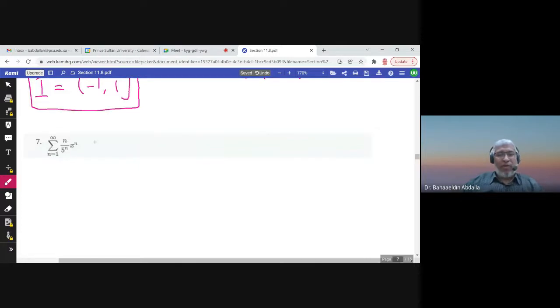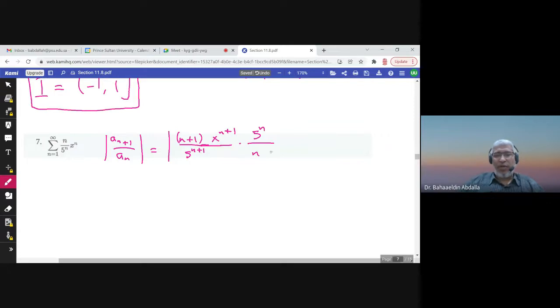I have n here, so again, I am using the ratio test. Multiplied by, in the denominator, I have 5 to the power n.